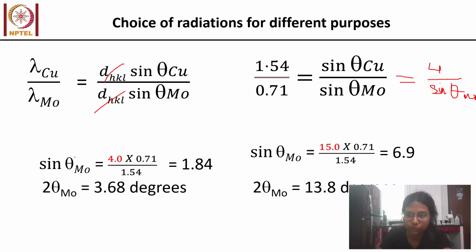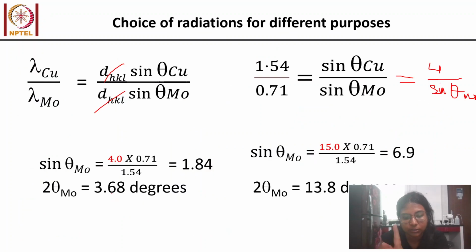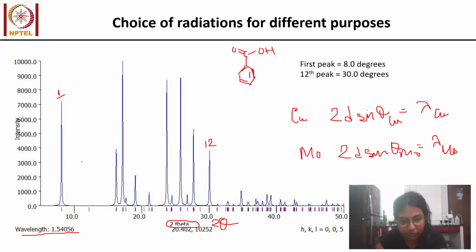So sine theta for molybdenum will be sine 4 degrees into 0.71 divided by 1.54, which comes out to be 1.84. Then the 2 theta, because for the PXRD pattern we need to plot the intensity versus 2 theta on the x-axis, will be 3.6 degrees. So you can see that this peak, which was coming at 8 degrees when we use copper, will now come at 3.6 degrees when we use molybdenum radiation.